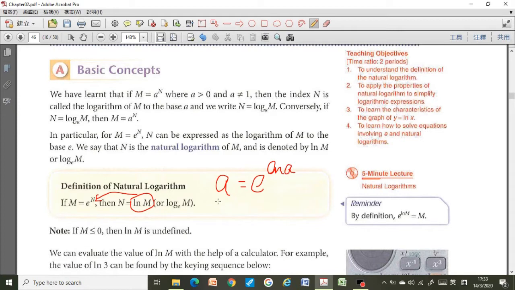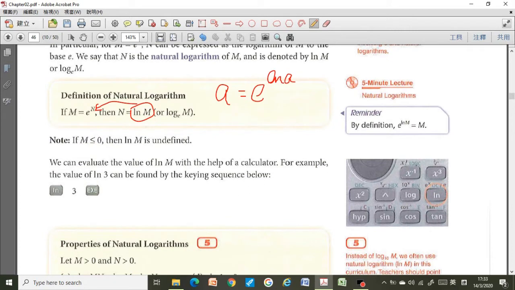So when you have any exponential function a to the power x, it's just equal to e to the power ln a and then power x. So every exponential function can be written as e to the power something, with a constant here, and we will discuss this one later.